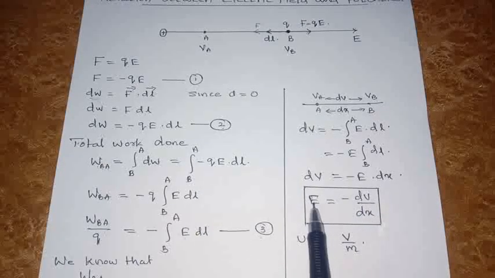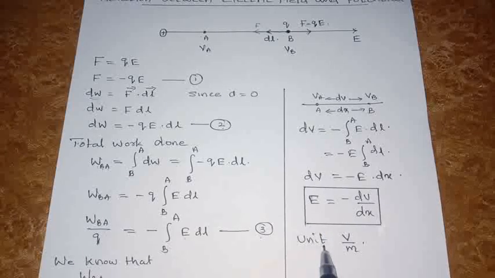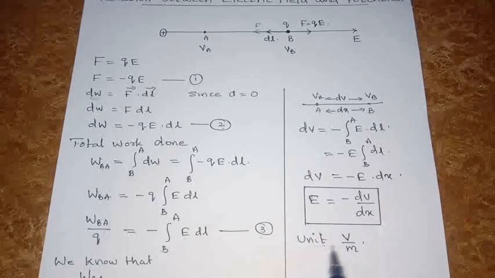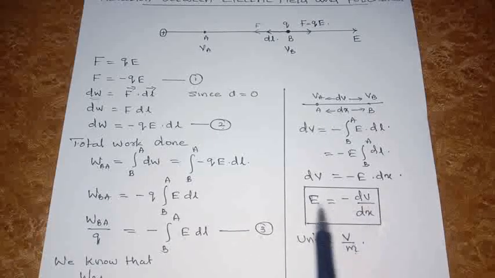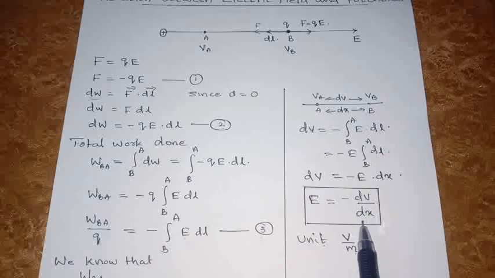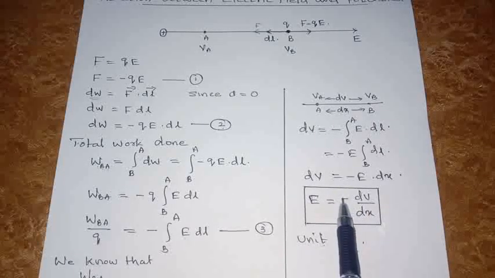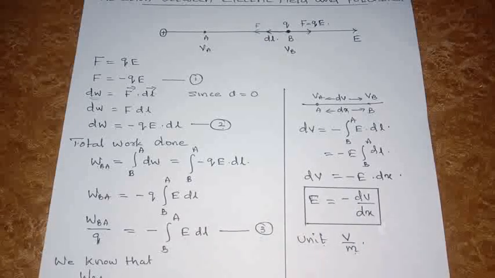Before that, let us consider what is the unit of electric field. Since it is volt divided by distance, the unit of electric field is V by m. Now, what is the meaning of electric field being the negative gradient of potential? That means electric field is always in the direction of decrease in potential. dV is the change in potential, minus dV means a decrease in potential.